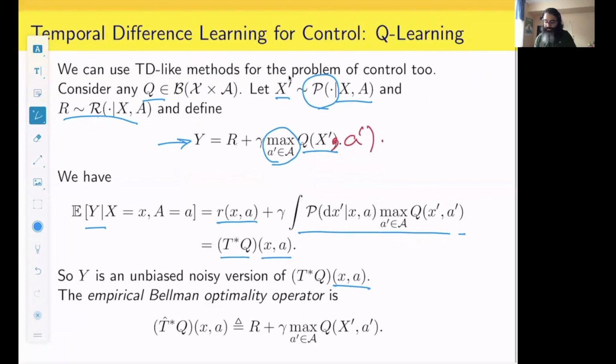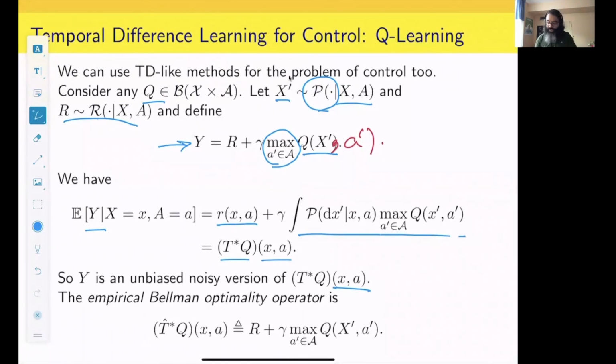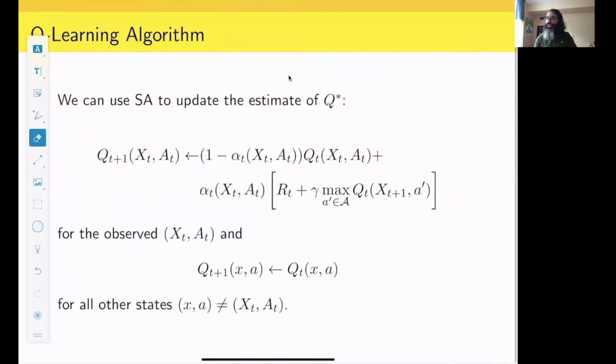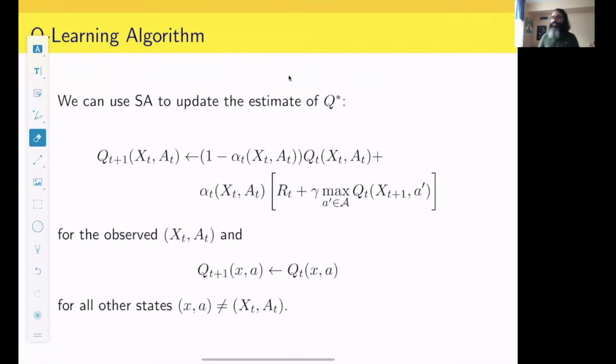And then we can define the empirical Bellman optimality operator, similar to the previous case, T hat star of Q, which is R plus gamma max of Q. Then we can use stochastic approximation to update our estimate of Q star.